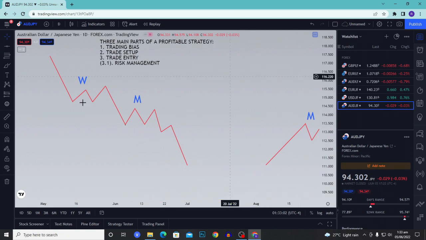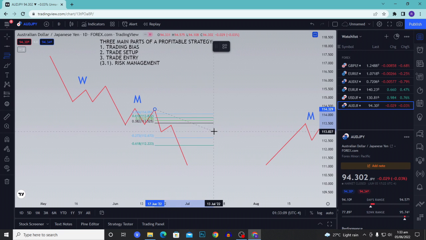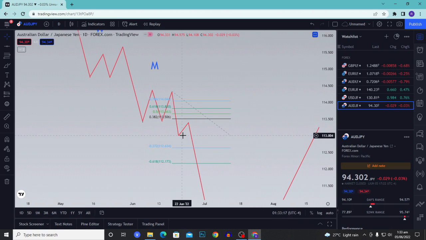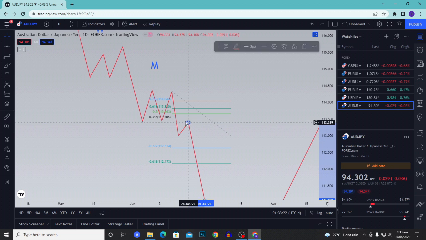We draw our Fibonacci tool from the high to the low before the retracement, and then we wait for the retracement to happen, so where price comes up back.